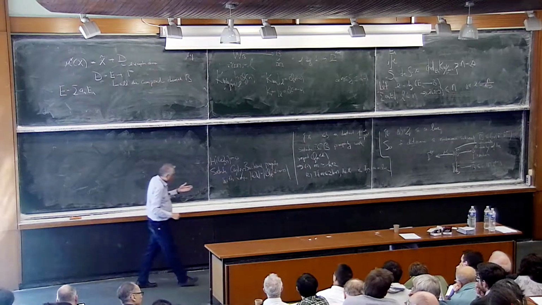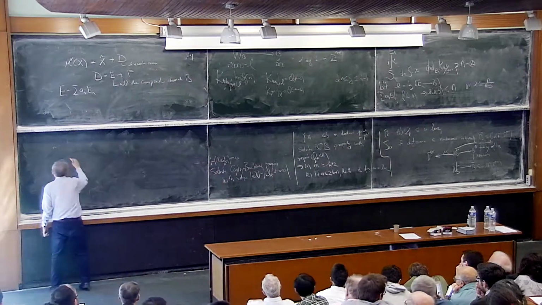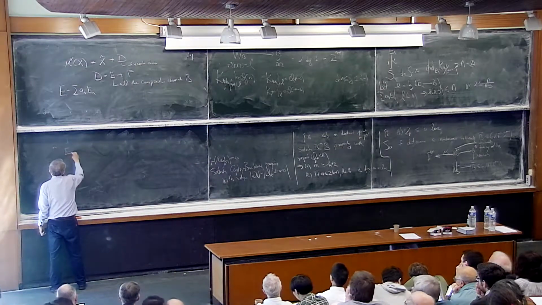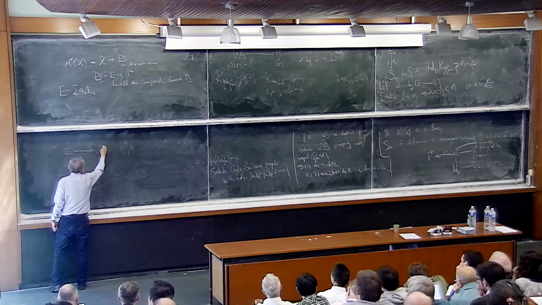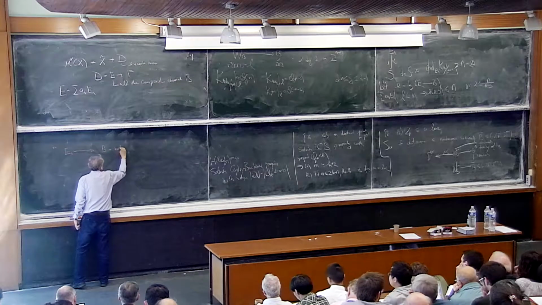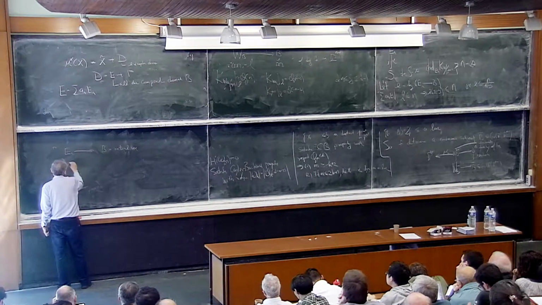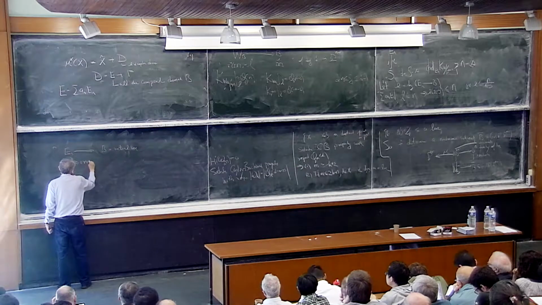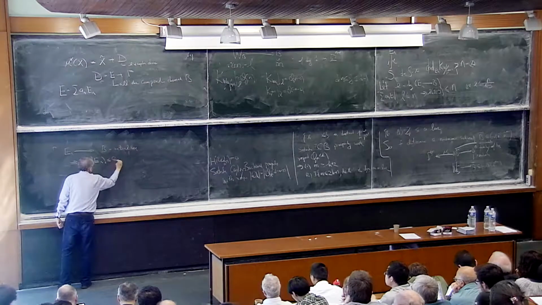Now, putting this together, you see you have this E_i over B. This is a rational variety. So that means the irrationality of E_i is less than or equal to e_i.